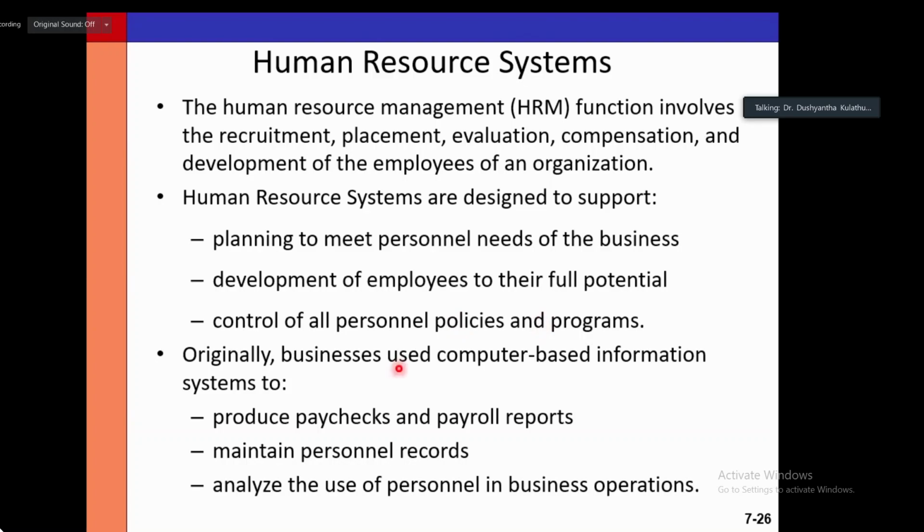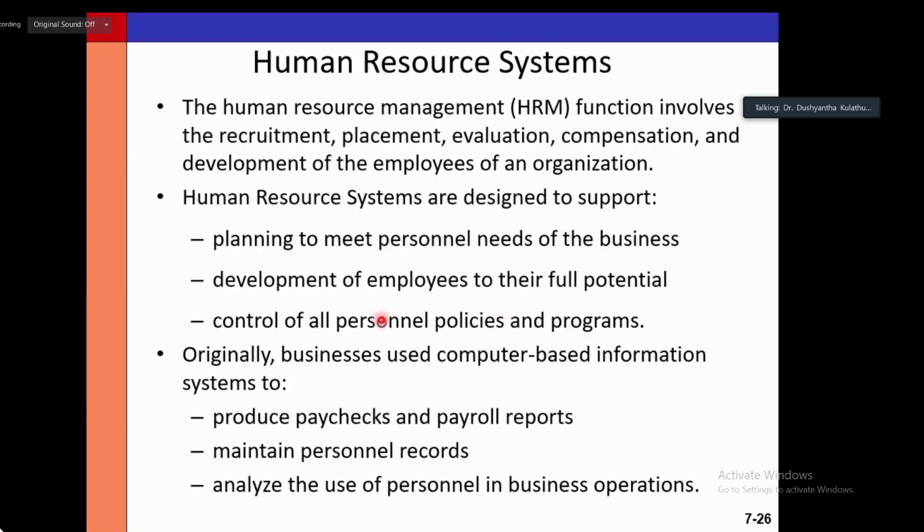Personnel policies can indicate what is expected from the employees, or what they should perform within the organization. They can also indicate the behavior that is expected from the employees.